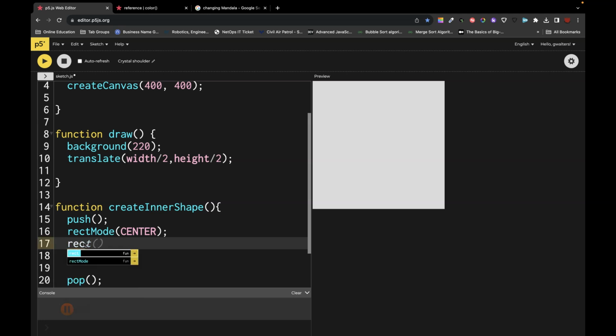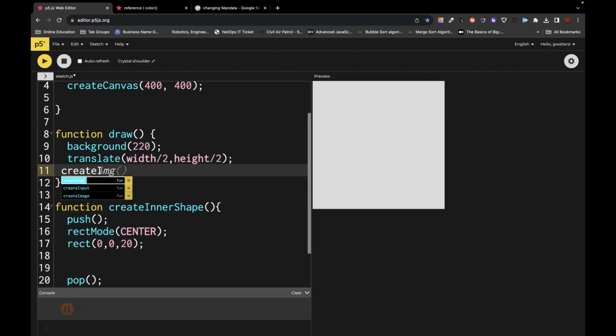I want to draw multiple rectangles, but if I go rect and then do, say, 0, 0, and 20. We need to call it, so we're going to call create inner shape.